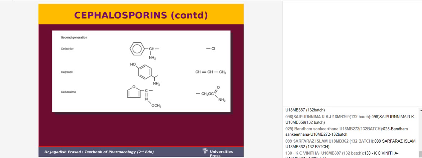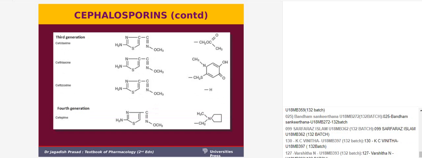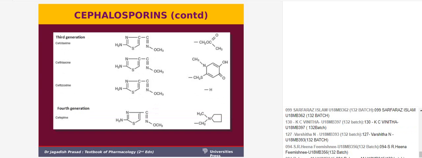The main mechanism of the cephalosporins is similar to that of penicillins and other beta-lactam antibiotics, and we have 5 generations of cephalosporins.